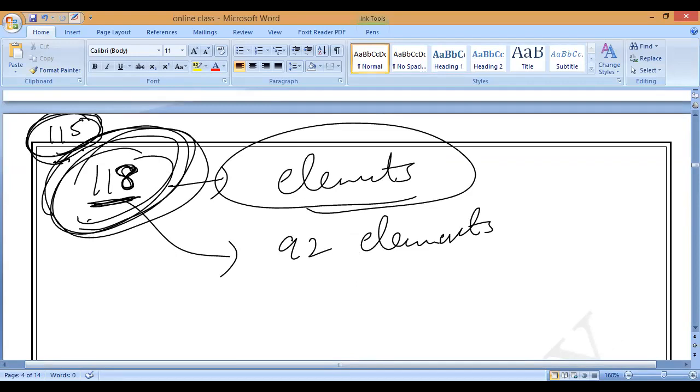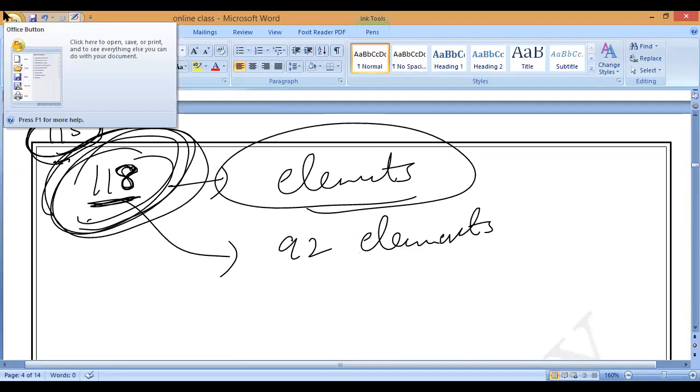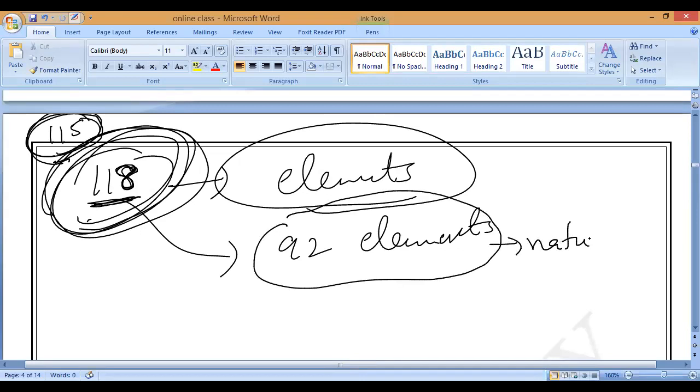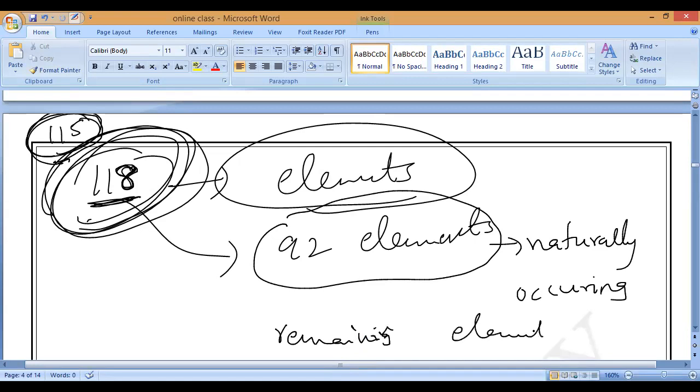So, in those 118 or 115, only 92 elements are naturally occurring, and the remaining are artificial elements. The remaining elements are man-made elements.